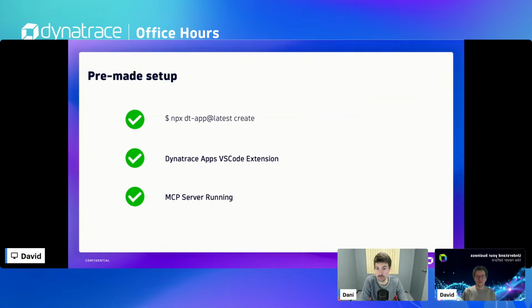Then we also installed the Dynatrace Apps extension on the IDE that I will be using, which is VS Code. And within Dynatrace Apps, as I told, the MCP server comes built in, and I'm running it already. So with all this setup, we can start with vibe coding.